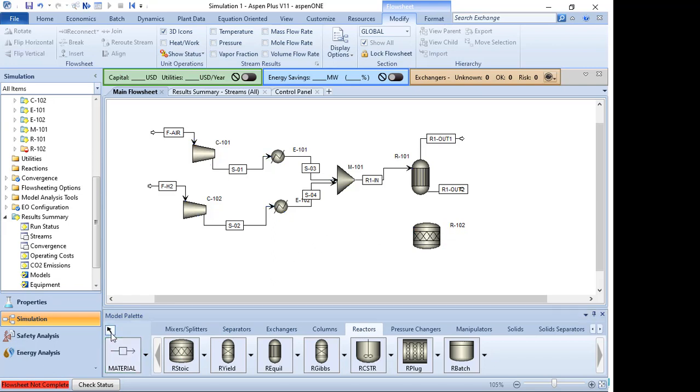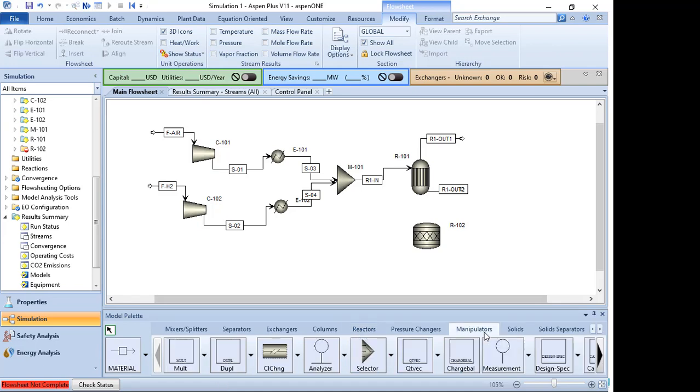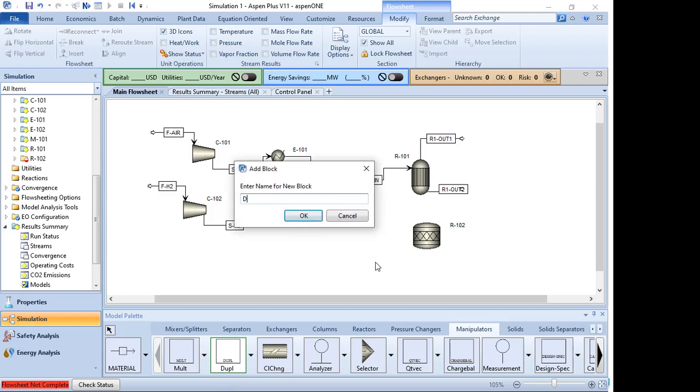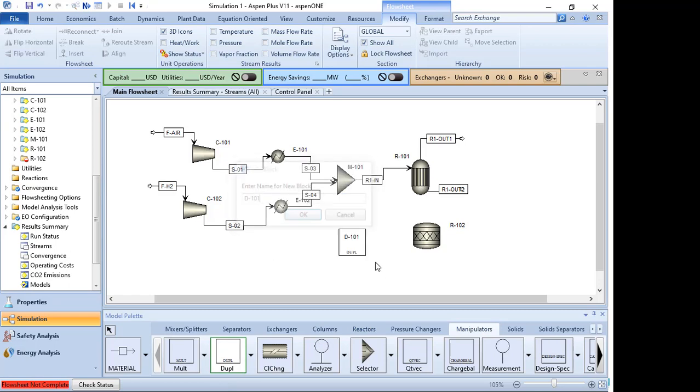And then, since we are going to use the same inlet, I think you still remember the equipment that can be used, which is a duplicator in here. Duplicator 110. Okay. I just learned that my Aspen is very heavy. Once I open Microsoft Excel together with this Aspen, if I close it, then the Aspen will run smoothly.